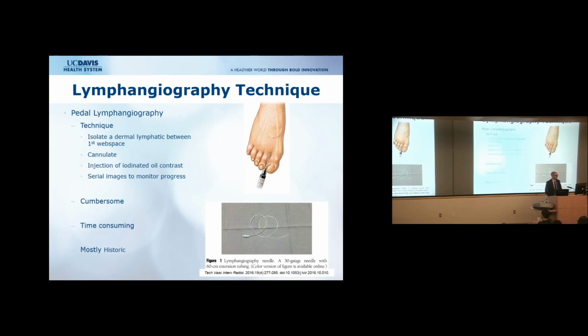Then cannulate it, inject a special iodinated oil contrast, and then use serial imaging to monitor progression up the lower extremity into the retroperitoneal system and then coalescing in the abdomen before being able to even attempt intervention in the setting of coiling or embolization with glue.